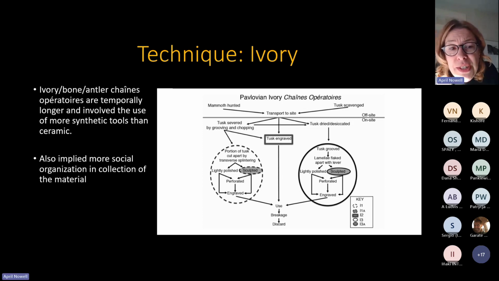And then there's also all kinds of specialized tools involved in scraping and breaking apart, splintering, sculpting, and engraving the tusk itself. This is really different from ceramics, where, as I said, it's much more expedient, no specialized tools, and so on. So there's a real contrast in the chaîne opératoire between ceramics and other kinds of materials used to make art, and ivory in particular.